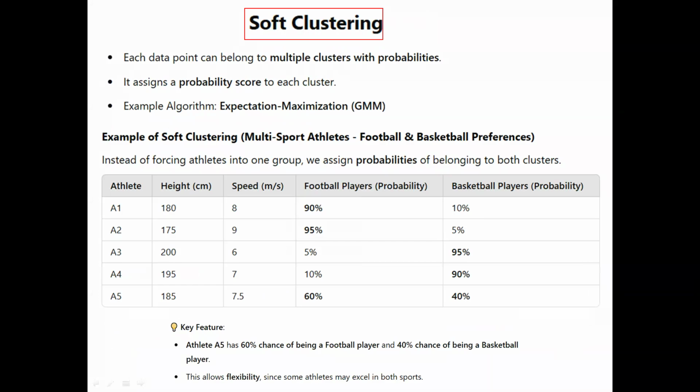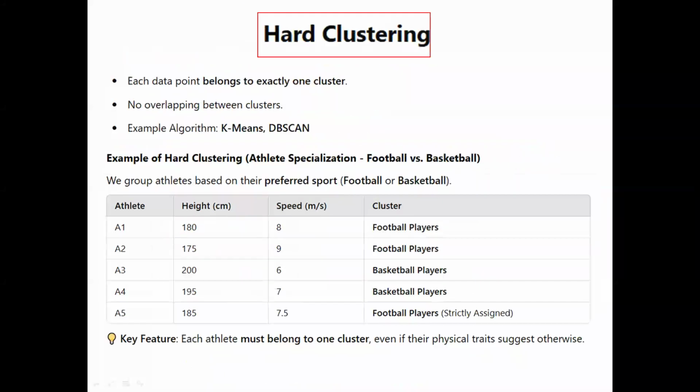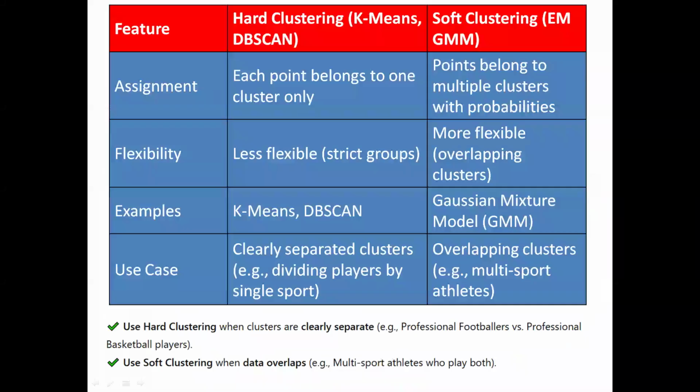Now we will see, once the algorithm is decided and we want to work with hard clustering, we have a certain data set and we want to pass it to some particular algorithm, whether DBSCAN, K-means, EM, or many other approaches. You can see on which basis we have to decide whether hard clustering or soft clustering is appropriate.